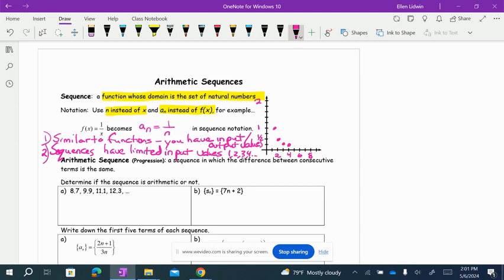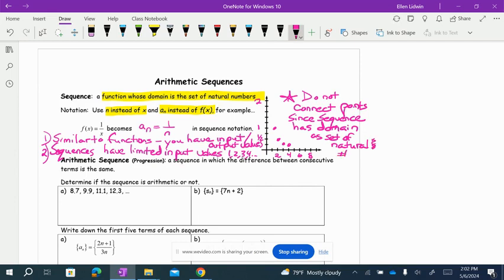We do not connect the points since the sequence has a domain of all natural numbers: 1, 2, 3, 4, 5, 6, 7, etc.